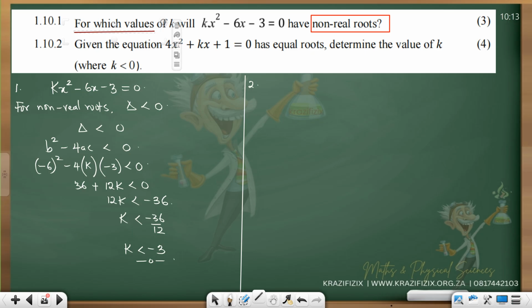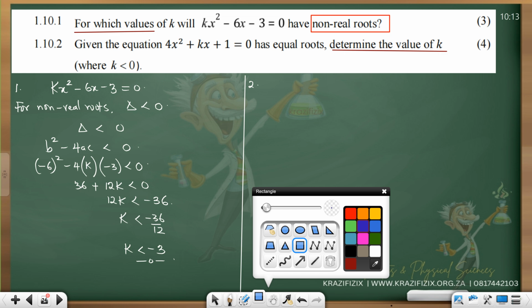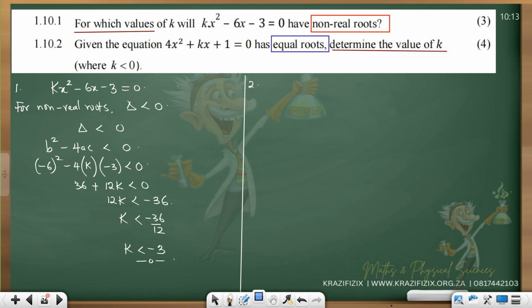Again here, number 2, determine the value of k. But what are we looking for? Given the equation that has equal roots. So those are the things I'm looking for. 4x squared plus kx plus 1. For equal roots, what should happen?